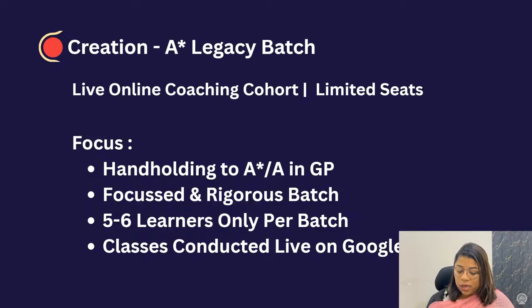These are focused, rigorous batches. The level of commitment that every child needs to give in these batches is pretty high. We have only 5 to 6 learners in one single batch, and these batches are conducted live on Google Meet. That is how we conduct these batches.